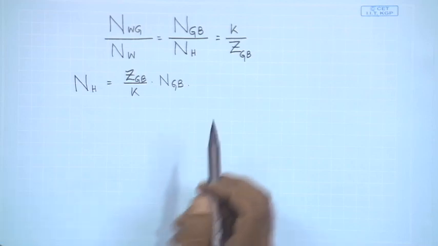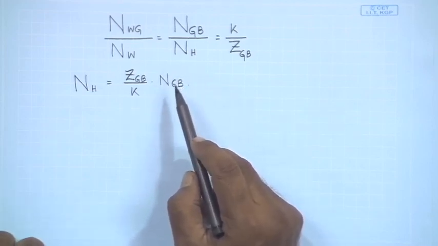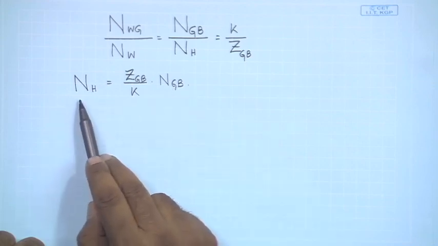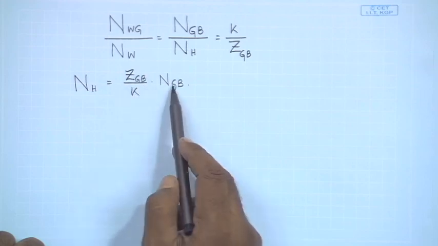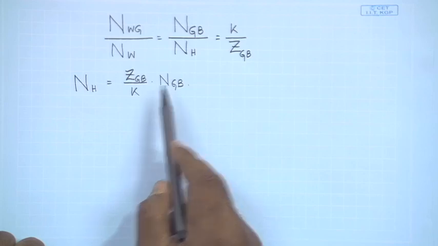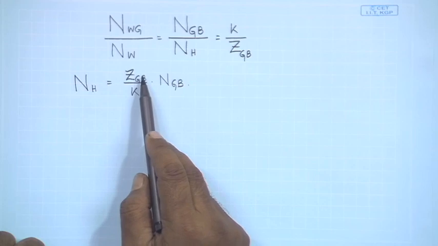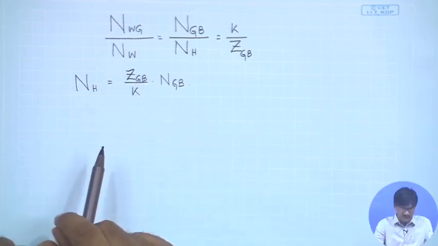If this is 1 for every rotation of the gear blank, n hob will definitely be equal to Z by K into 1. So, for one rotation of the gear blank, the hob rotation has to be equal to Z by K. This is understood for spur gears. We have done it so many times.